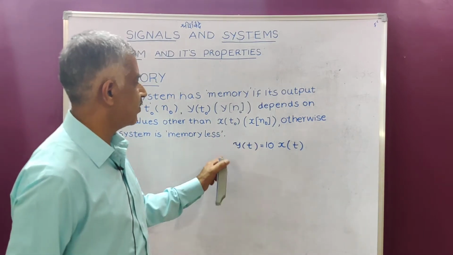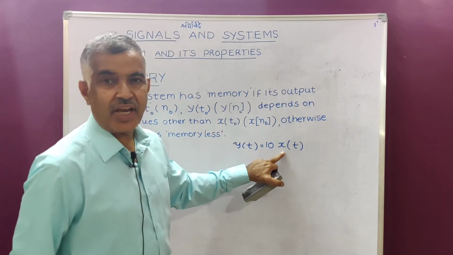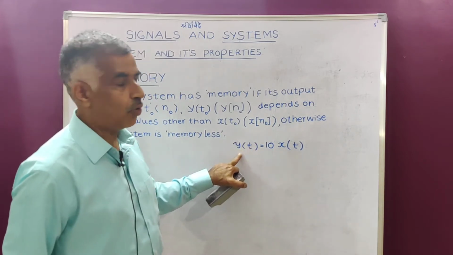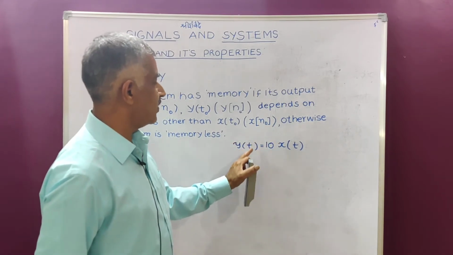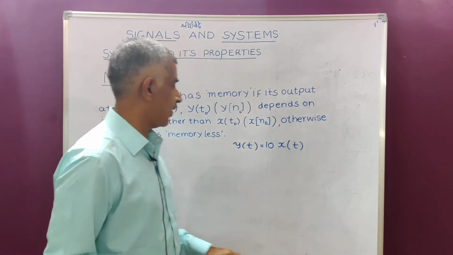What do you mean by this? As you know, x of t stands for input and y of t stands for output. So output is equal to 10 times the input signal. It is like an amplifier.